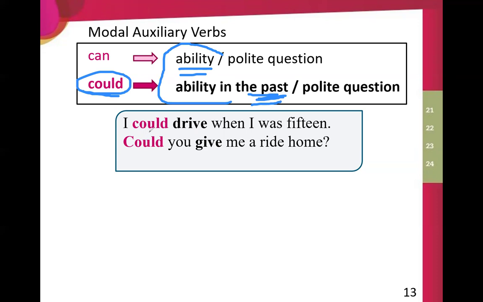I was, not now. I was in the past. I was able to drive when? When I was 15. I was 15 means that I am, for example, I am now 70, 80, whatever it is, but I am more than 15 years old right now because I was 15 in the past.